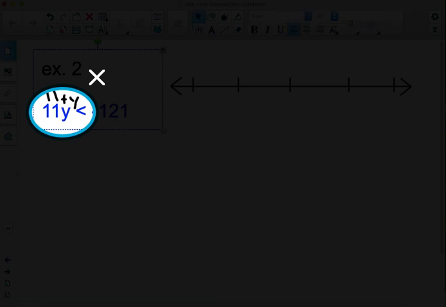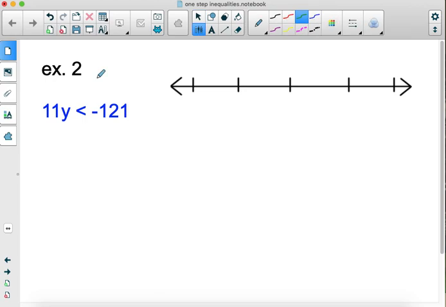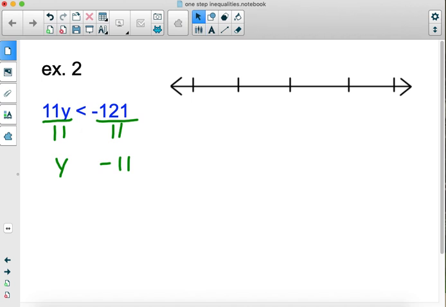But I don't see a plus sign between it. So, Lindsay, what type of math does this apply if it's right next to it? It means multiply, which means we need to divide. Good, we're on the same page. So we need to divide both sides by 11. That cancels. We're left with y, and this would be negative 11. And the sign is still less than.